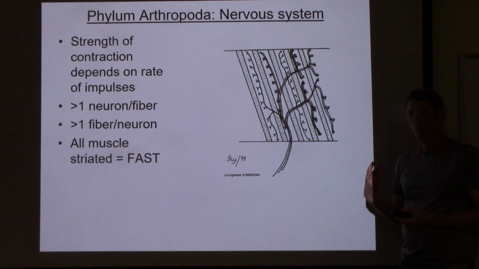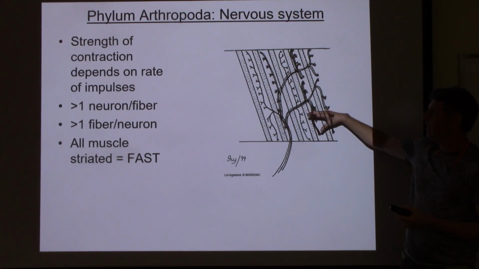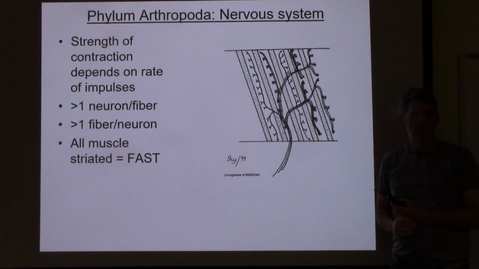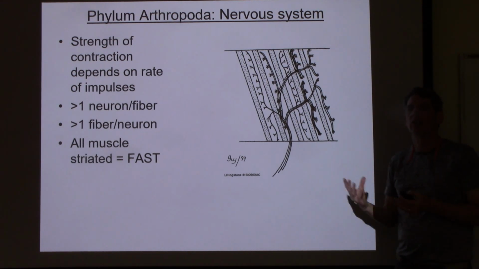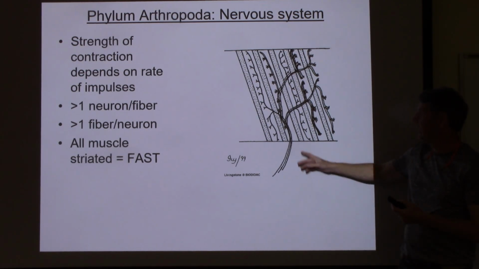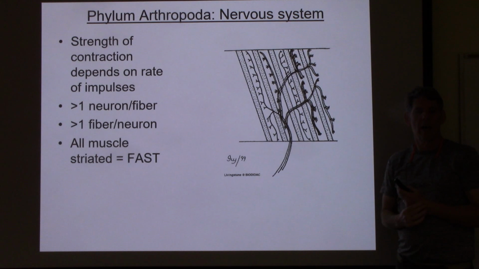There, when they contract a muscle, basically the strength of contraction depends on the rate of nerve impulses. Faster nerve impulses, stronger contraction. So the whole muscle is contracting even for gentle things, but it doesn't contract very forcefully because the neuron is basically telling it, through a slow rate of firing, to not contract hard.